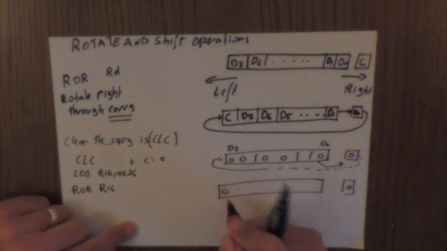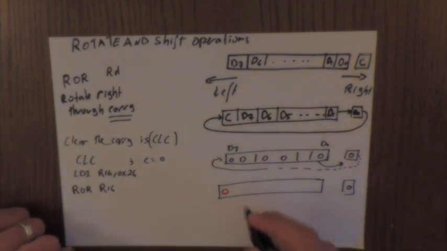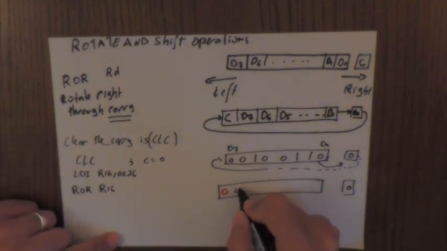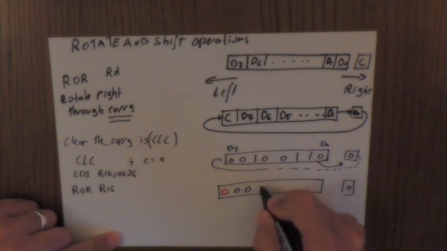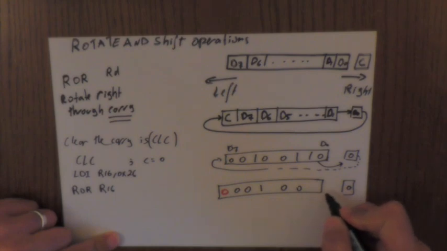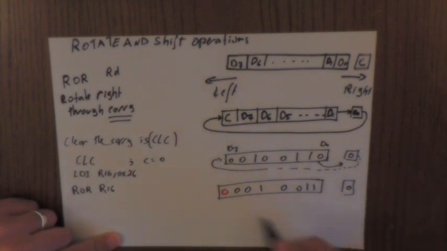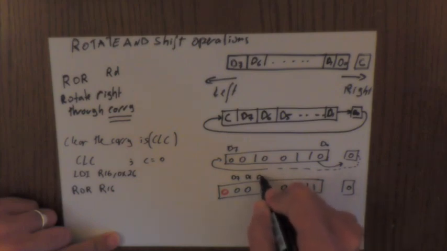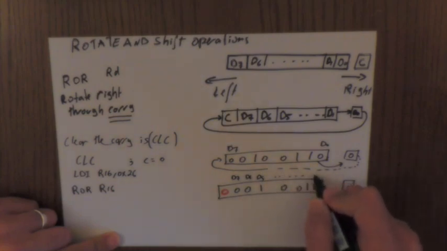This is 0 coming from the carry, and then we go over the rest. This is D7, D6, and we have 1, 0, 0, and 1, 1. Remember, this is D7 now, this is D6, it's D5, and we go all the way to D1.